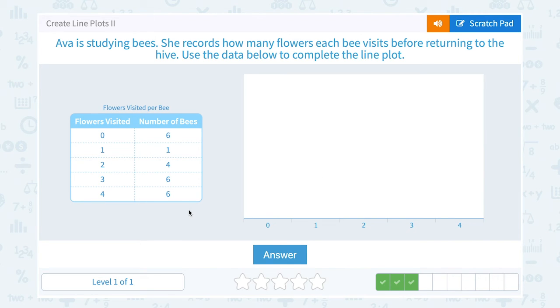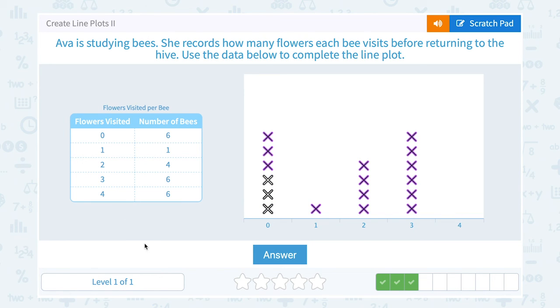Ava is studying bees. She records how many flowers each bee visited before returning to the hive. Use the data below to create the line plot. 0 flowers were visited by 6 bees, so I'm going to go to 0 and draw 6 X's. 1 flower was visited by 1 bee, so 1 X on my 1. 2 flowers were visited by 4 bees, so I'm going to draw 4 X's where it says 2. 3 flowers were visited by 6 bees, so I'm going to include 6 X's.